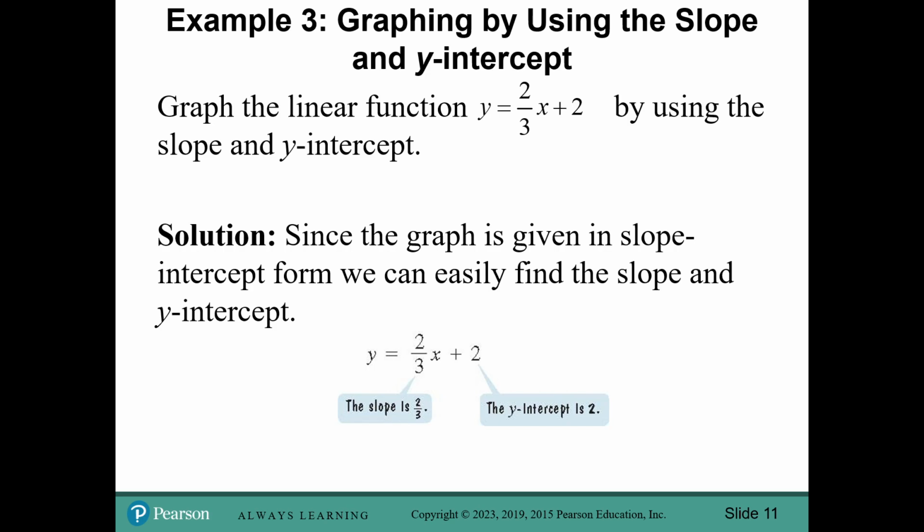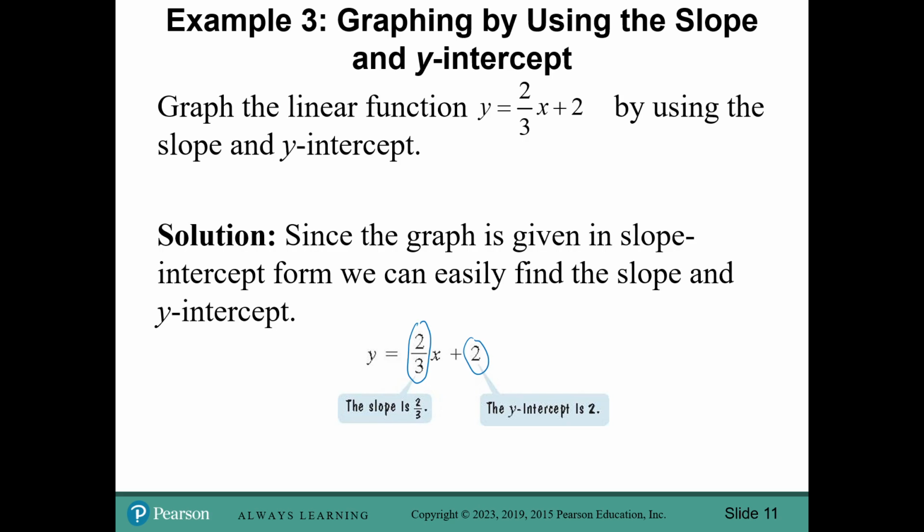So let's graph the function y equals 2 over 3 x plus 2 by using the slope and y-intercept. Since the equation is given in slope-intercept form, we can easily find the slope and the y-intercept. The slope is the number in front of the x, the 2/3. The y-intercept is the constant, which is 2.